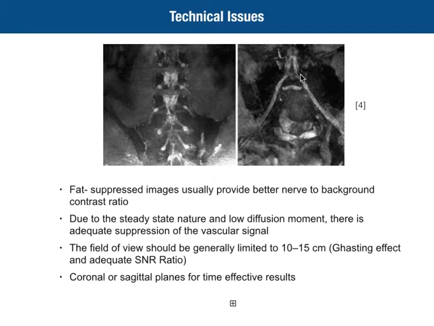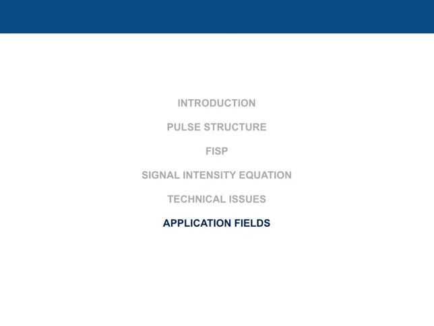In order to get the most time efficient results, we have to use the coronal or sagittal planes, and there are papers published in 2014 and 15 regarding time efficient imaging with PSIF pulses.